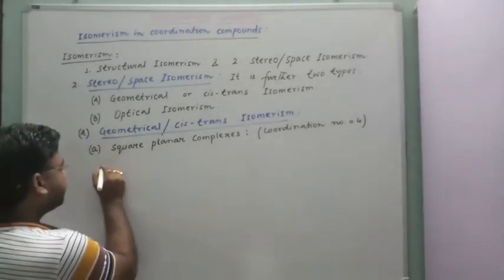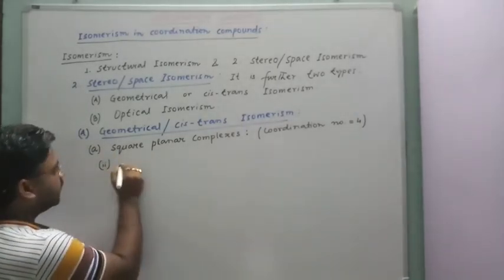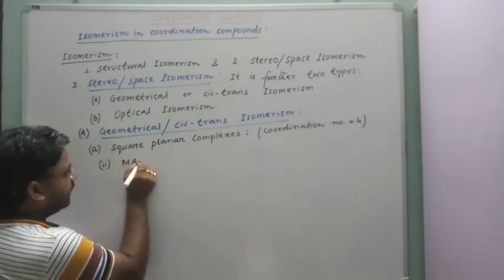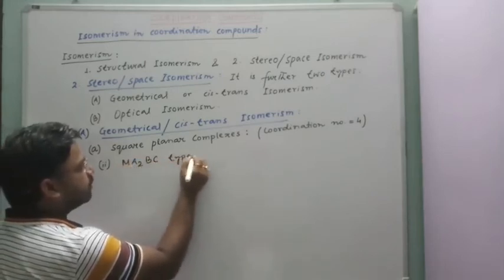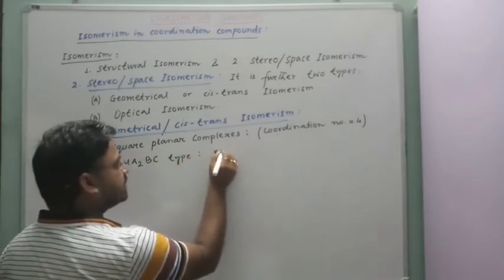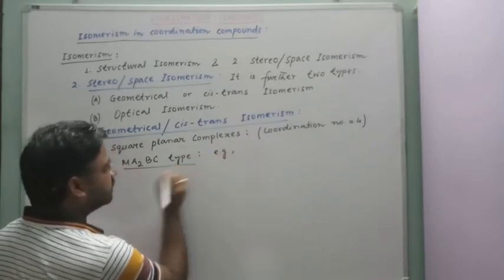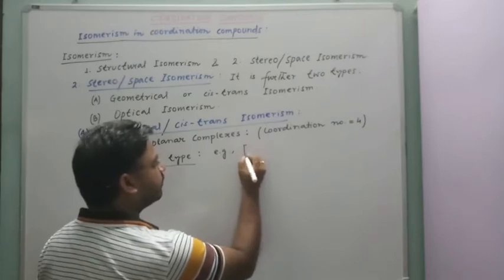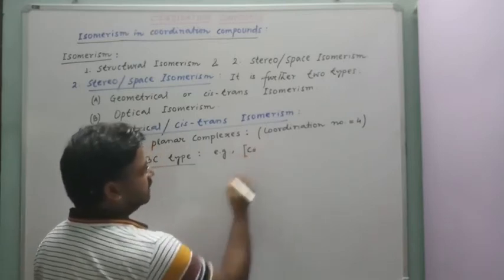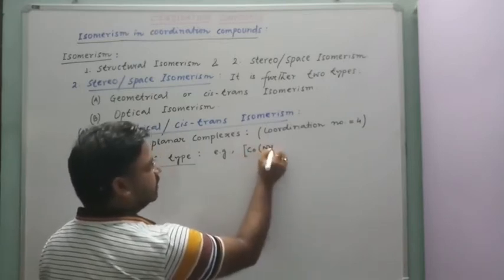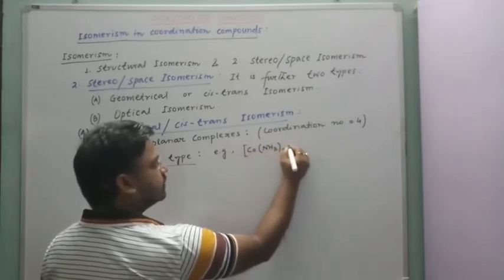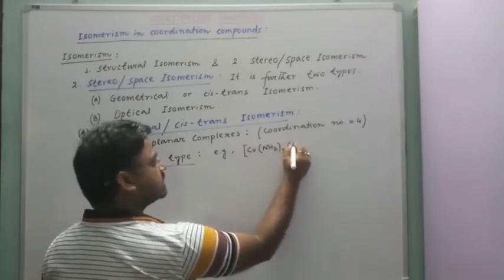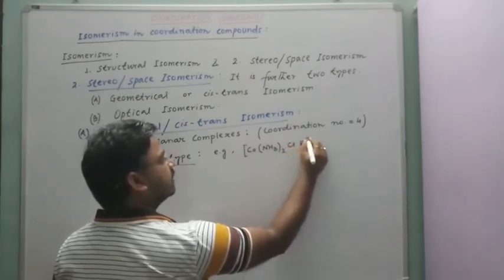Number 2, M(A2)BC type. So M(A2)BC type compound, for example, Co(NH3)2ClBr.